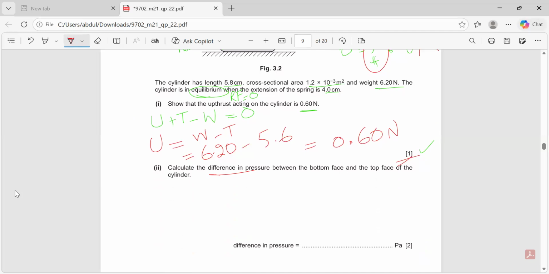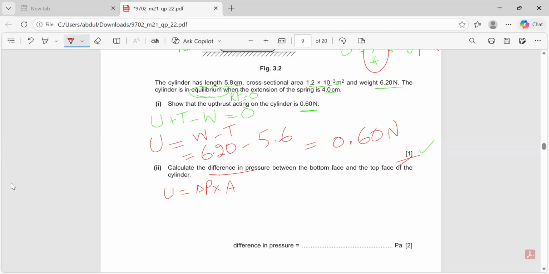Upthrust is equal to difference in pressure times area.